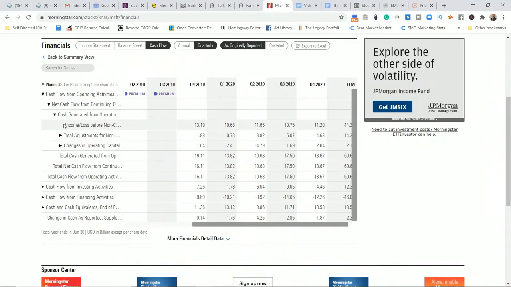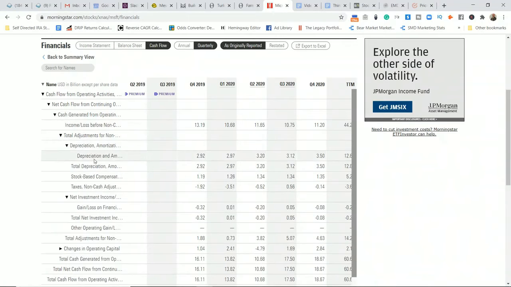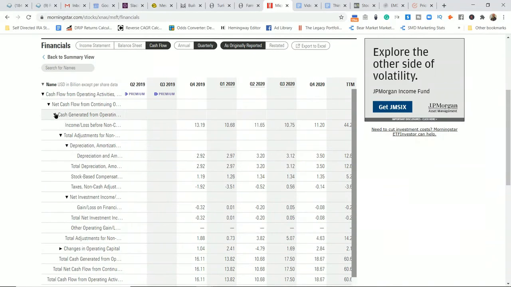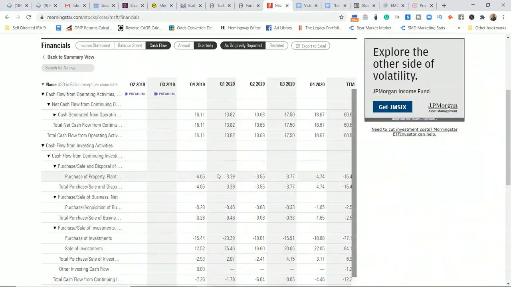Again, even whether they're non-cash, like up here, or things from investments, or things directly from operations. So here's from investing activities now.